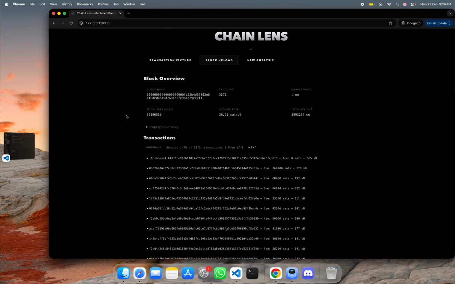These fees go to the miner, and the average fee rate is 36.91 sats per vB. This tells how much users paid per virtual byte. A high fee rate means faster transaction confirmation.